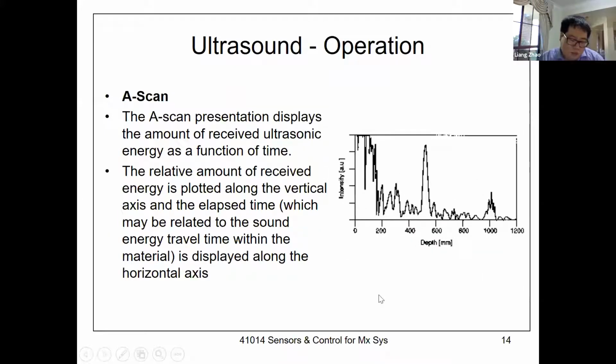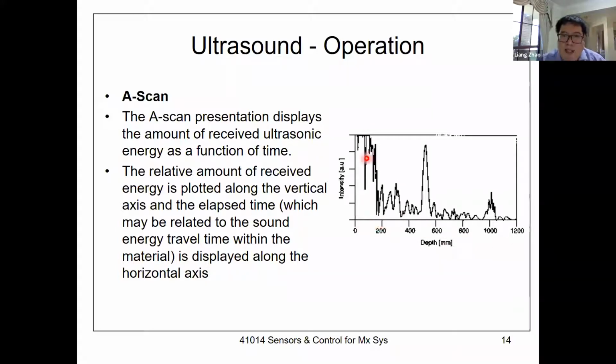All right. So in the ultrasound, the first scan we have is the A scan. A scan is just what we mentioned before. On the x-axis is the depth, and also the time as well. So time means depth, right? It's the depth or distance.